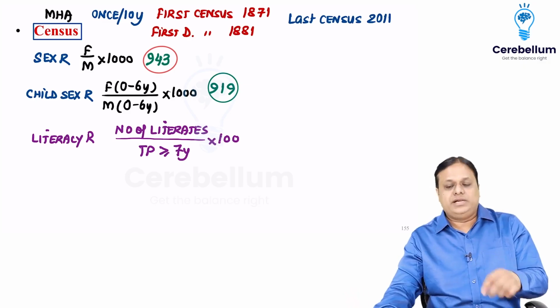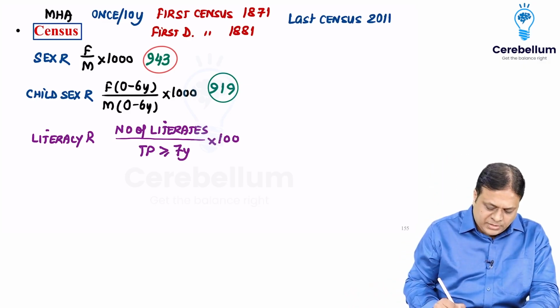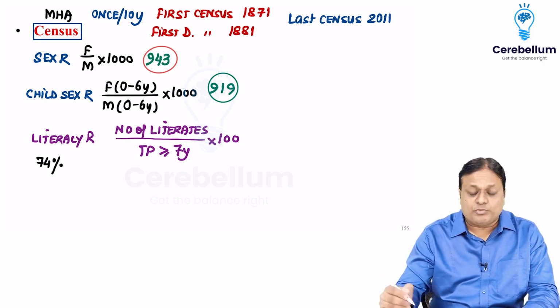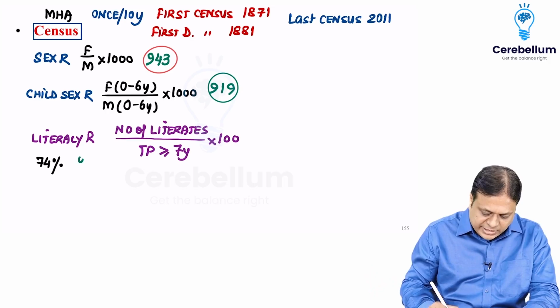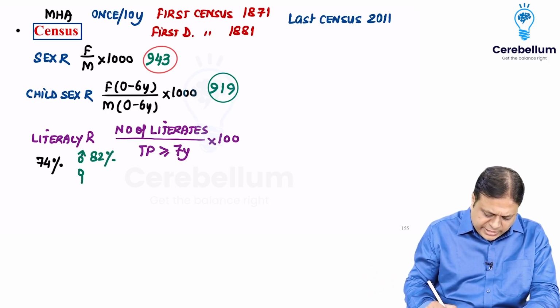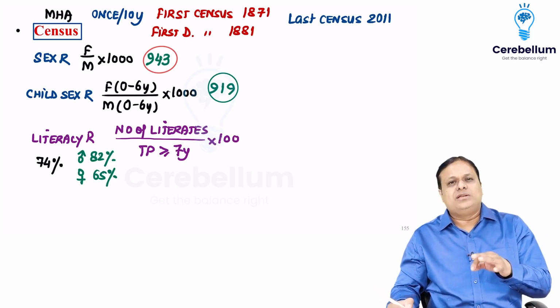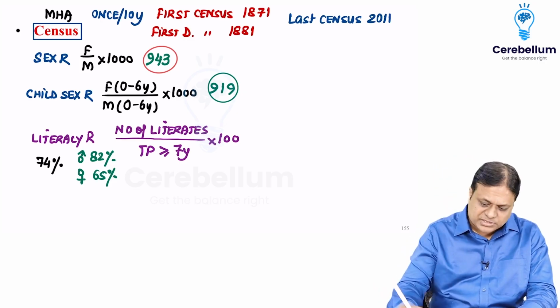Answer comes in percentage, it is a proportion. Total 74% of Indian population is literate, slightly higher in males 82%, slightly lesser in females 65%. It is highest in Kerala 94%, lowest in Bihar 64%.